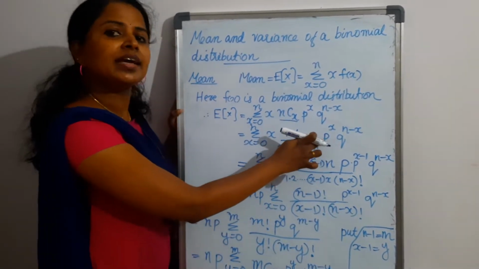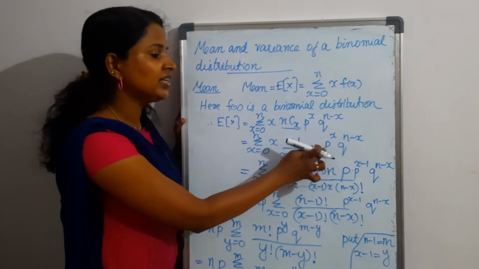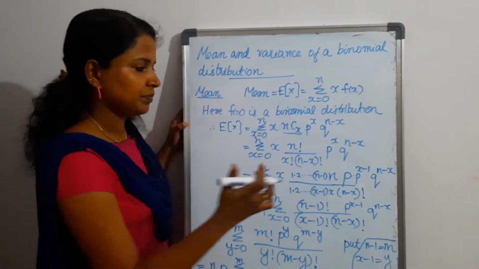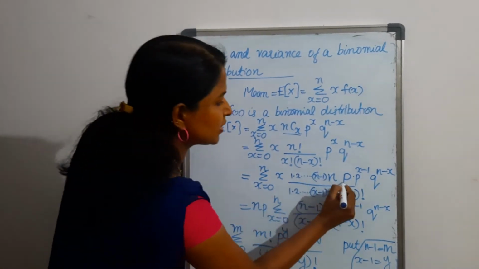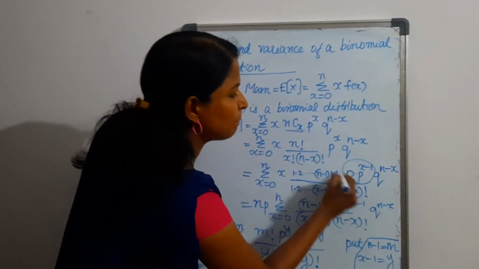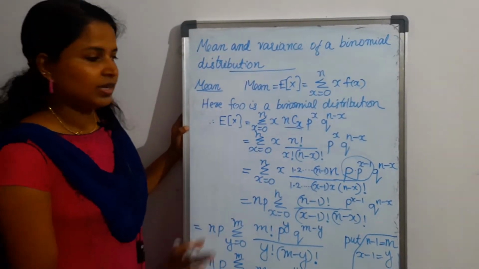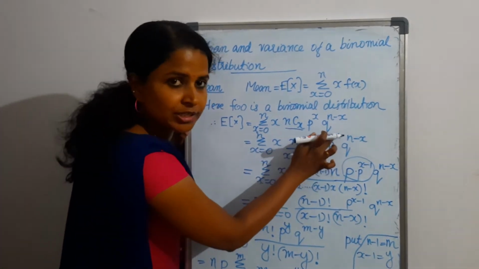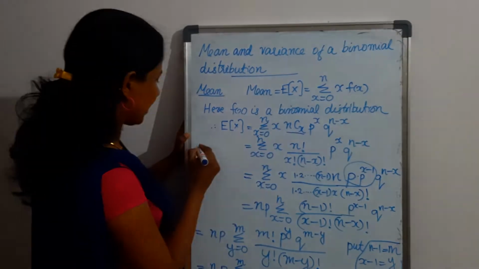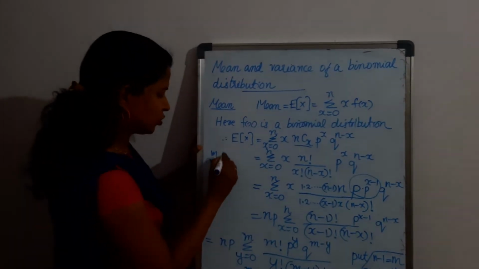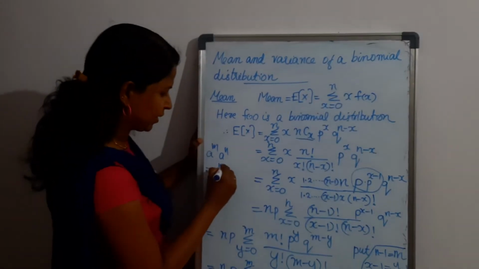Here p raised to x: we write p raised to x as p into p raised to x minus 1. That is, a raised to m into a raised to n is a raised to m plus n.